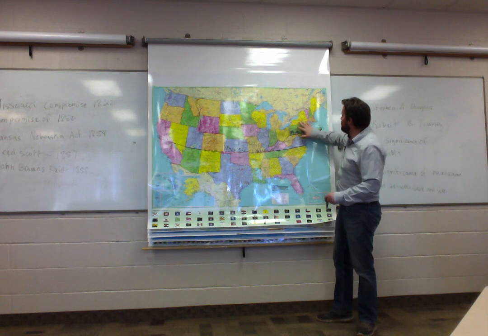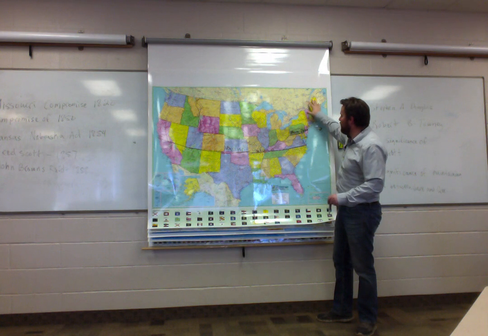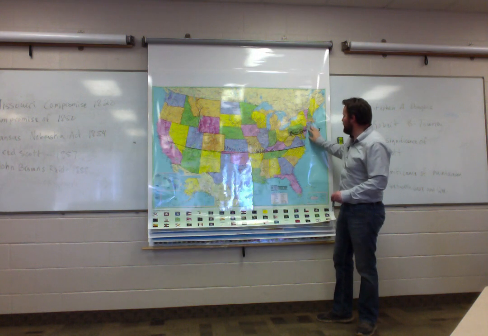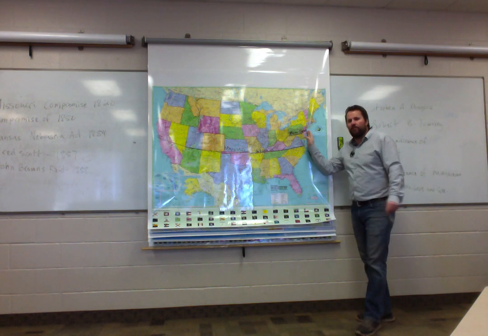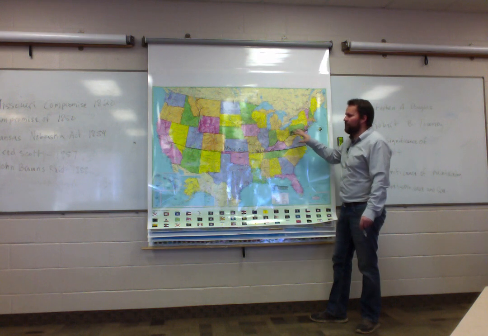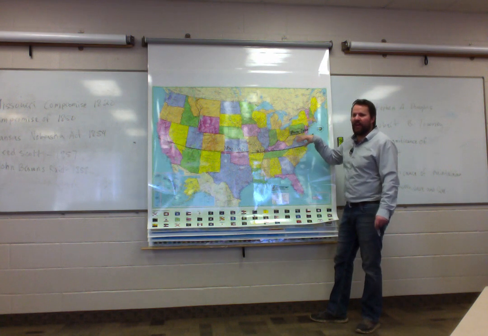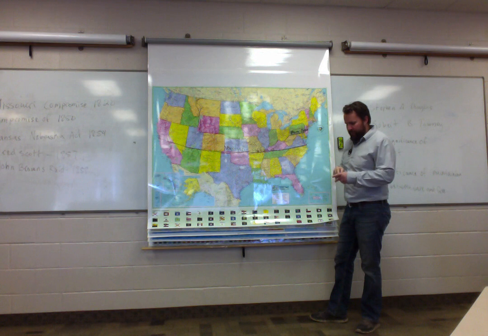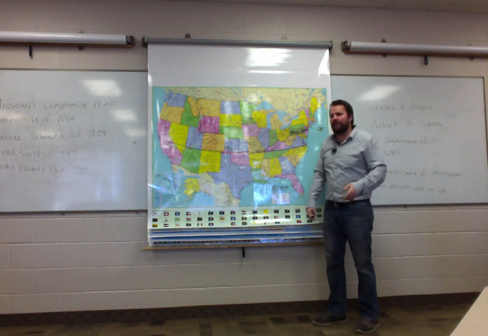But all of this, which was part of the first 13 original colonies, was anti-slavery, other than Delaware, which was not. But Delaware very quickly got rid of slavery after 1787. So this Mason-Dixon line was kind of the unofficial line between pro-slavery South and anti-slavery North.